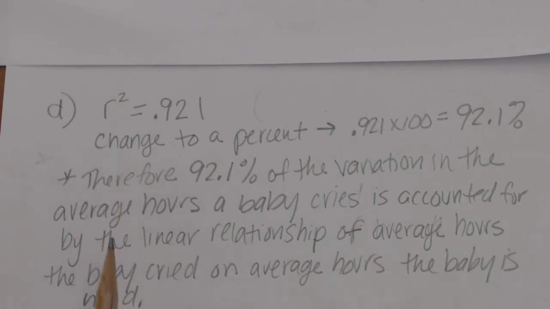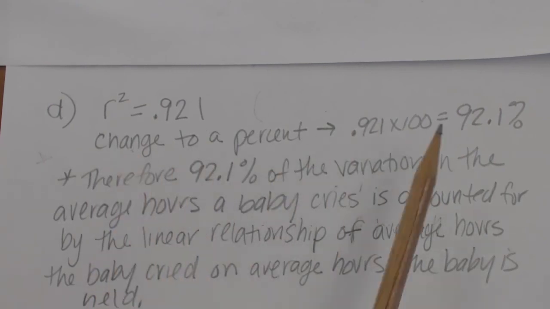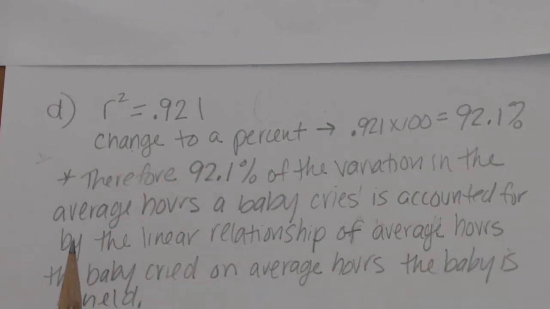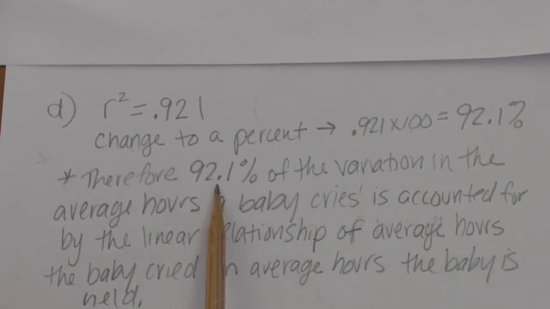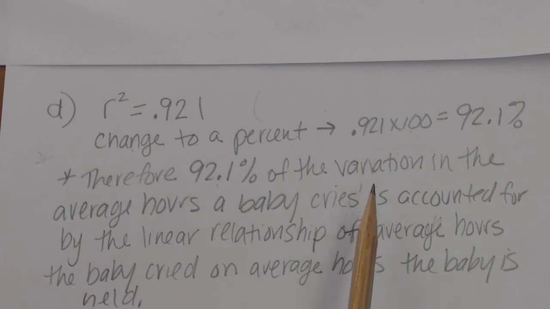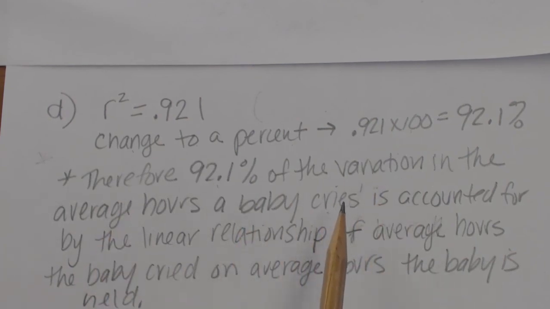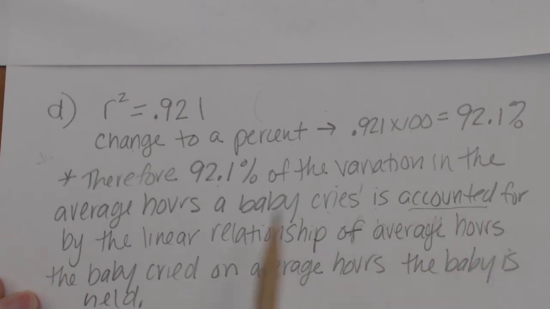But what do you do with this number? First, change to a percent. Multiply it by 100, we get 92.1%. What does this mean? This means that 92.1% of the variation in the average hours a baby cries, so the variation in how many average hours a baby cries, is accounted for by the linear relationship of average hours the baby cried on average hours the baby is held.